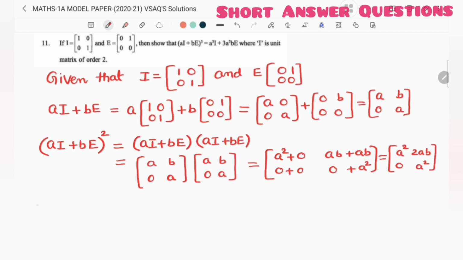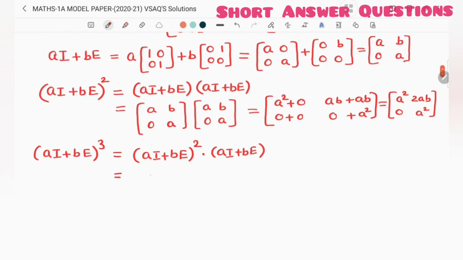But they are asking for (aI + bE) whole cube, no? So (aI + bE) whole cube equals (aI + bE) whole square into (aI + bE). The (aI + bE) whole square value is [[a square, 2ab],[0, a square]] into the (aI + bE) value [[a,b],[0,a]].